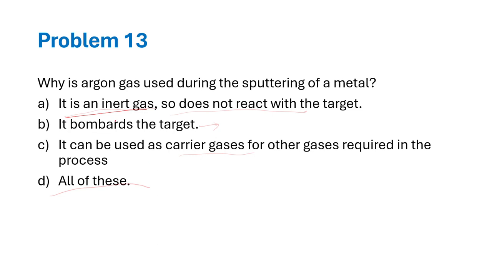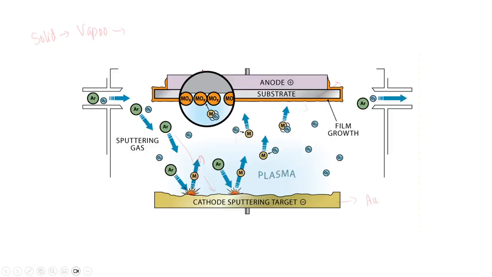We'll also have an argon ambient. So we will apply some voltage and generate a plasma. This plasma is ionized gas. One important thing is argon is an inert gas and it is also a heavy gas, meaning it has high molecular weight. So when it gets accelerated, it will hit the cathode material and cause some ions to be expelled away from the target.